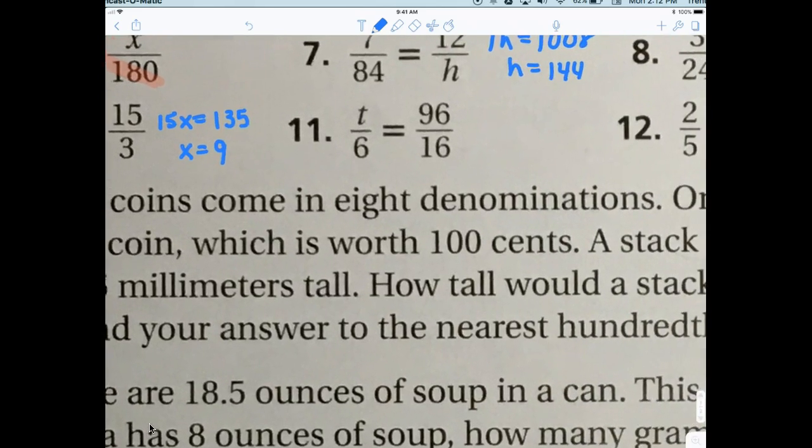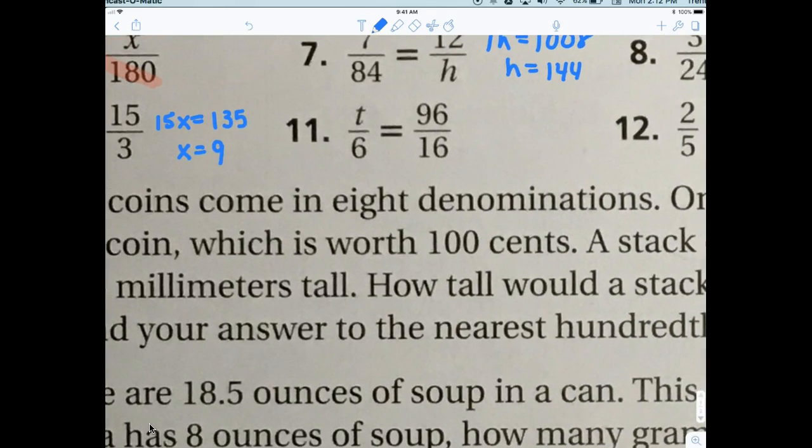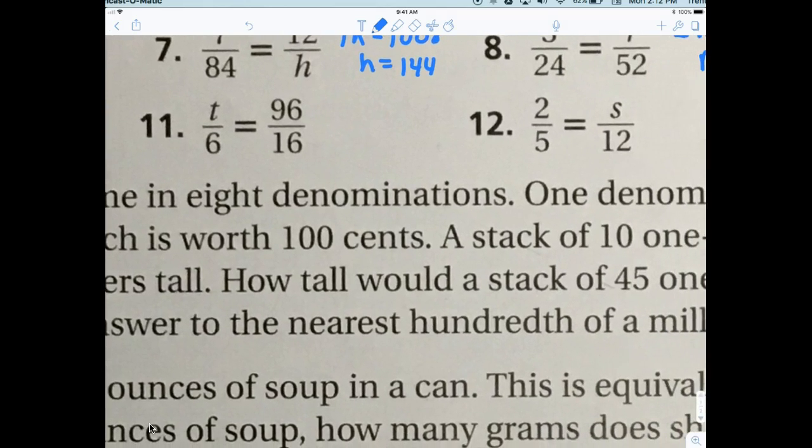Tell me. So you would do 96 times 6, which is 576. So 16t equals 576, and then you divide that by 16.